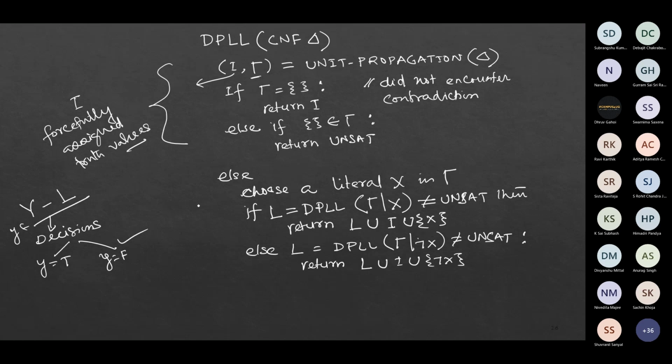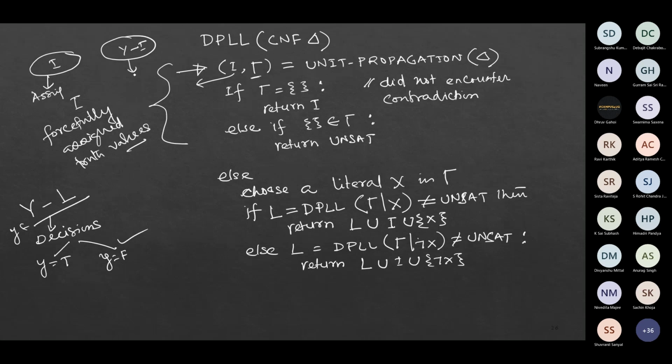So this is similar to what we have done earlier in DPLL minus, but we are doing an extra step here by clustering or classifying the literals into two sets. One is the I set and other is the Y minus I set. And for this, we are forcefully assigning the truth value.